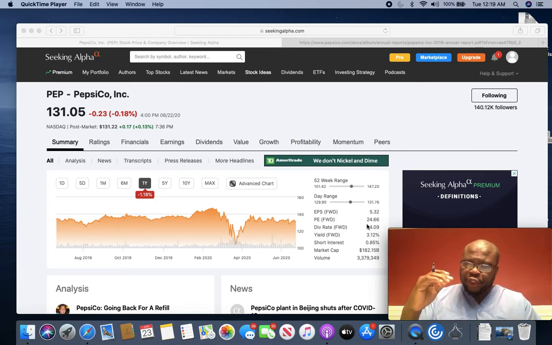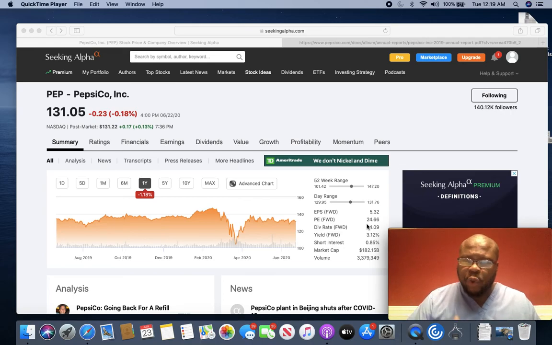If the earnings, the denominator, decrease and the price stays the same, the PE ratio will go up, because essentially you're paying more money for less earnings.